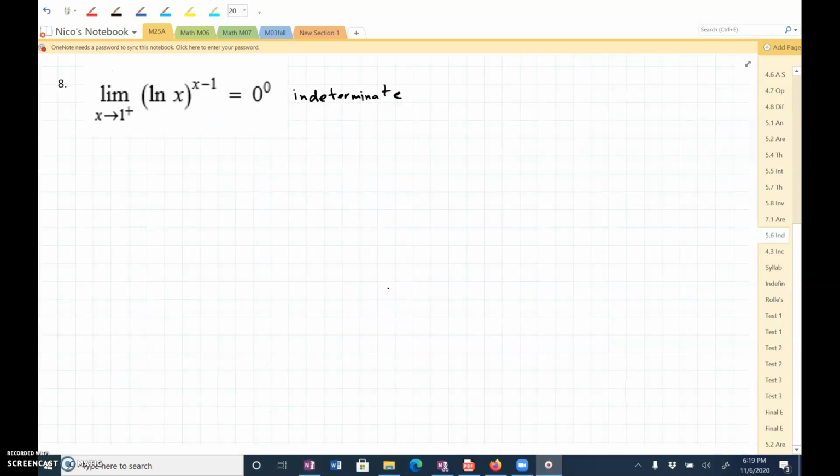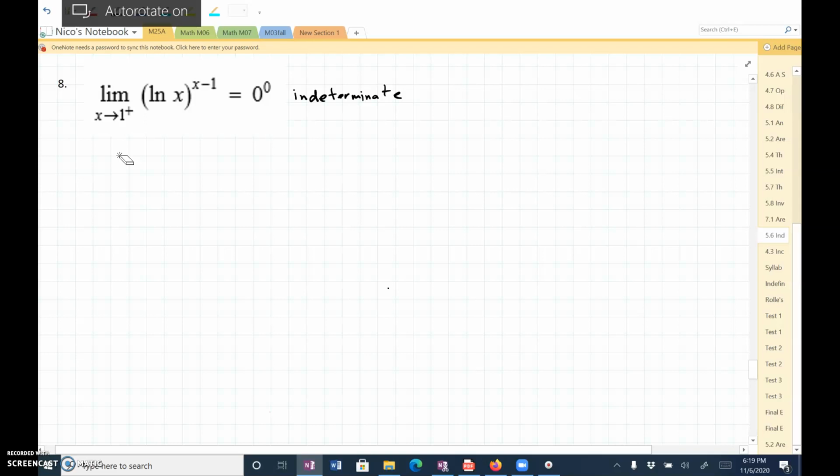Example 8, the limit of the natural log of x to the power of x minus 1 as x approaches 1 from the right. Okay, so if we did direct substitution, this would become 0, this would become 0. 0 to the 0 power is indeterminate, so we can't evaluate it this way.